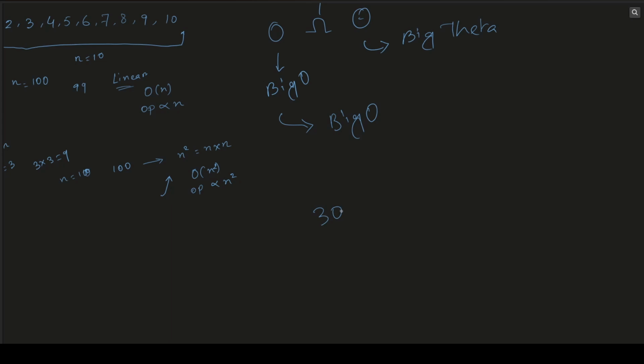Even if traffic is horrible, it won't take more than 30 minutes. It is an upper bound. So big O is like that guarantee, at most this many steps. So big O is an upper bound, the worst case, and the at most point.